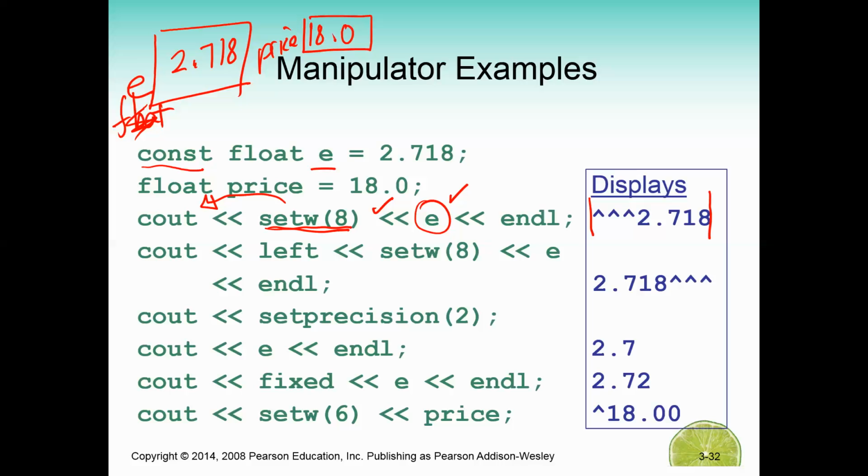How many characters do we have there? 5. This is a number, so numbers by default are going to be aligned to the right. Strings are always going to be aligned to the left unless we indicate otherwise.